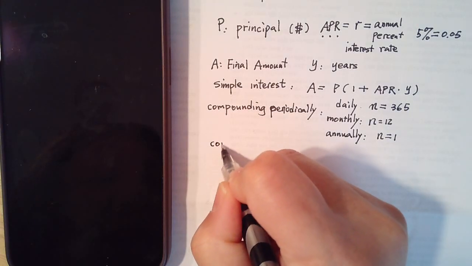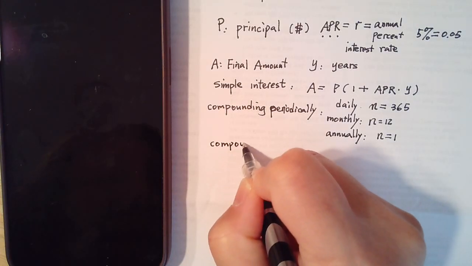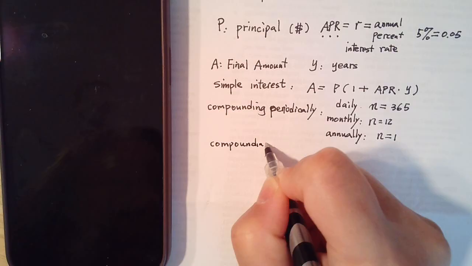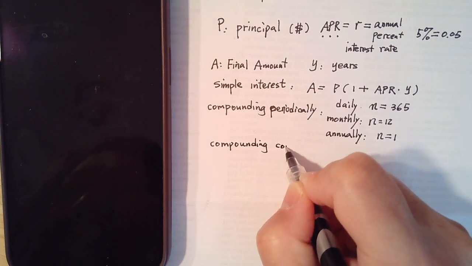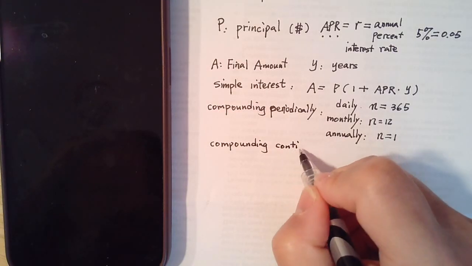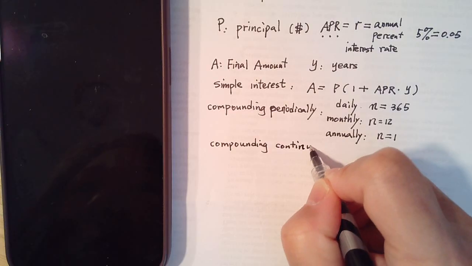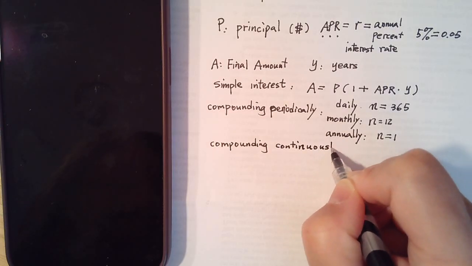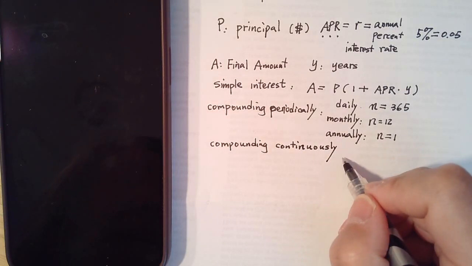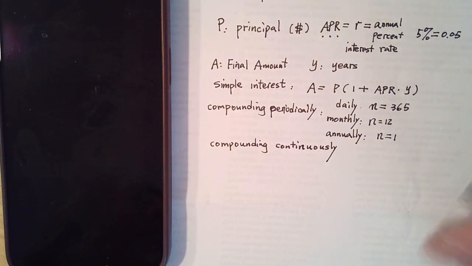And the last one is called compounding continuously, which means the bank will give you the interest every single moment. And then the next moment is going to give you the interest based on the interest that you earned in the previous time plus the principal.